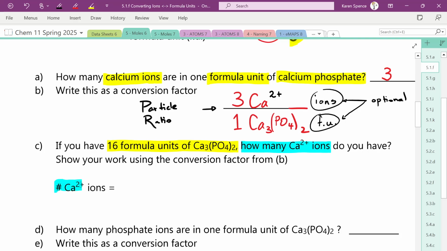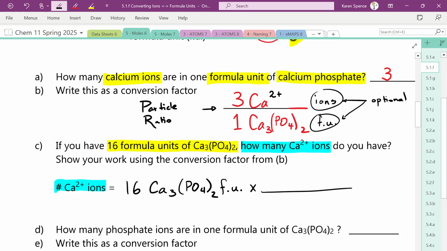Well, we want to find the number of Ca2+ ions, and we are starting with 16 Ca3(PO4)2, and you can write formula units. Okay? Well, yeah, I know, but we need to show our work. Well, it's not always going to be this easy, okay? Like we're starting with the very easiest, which is the way to go about it, but it makes people think they can do it in their head too. So it's like, no, because later it won't be so nice.